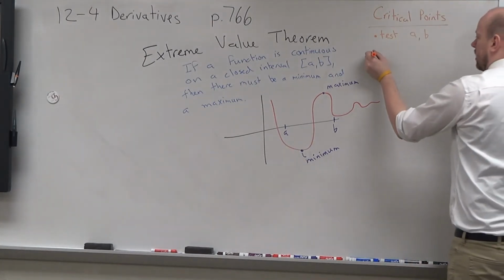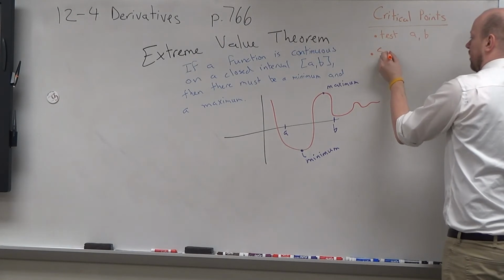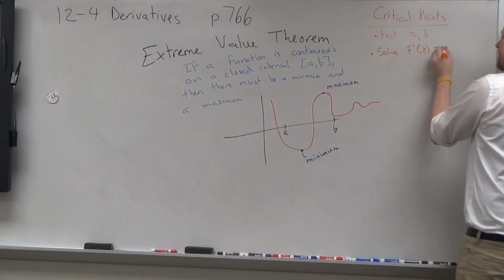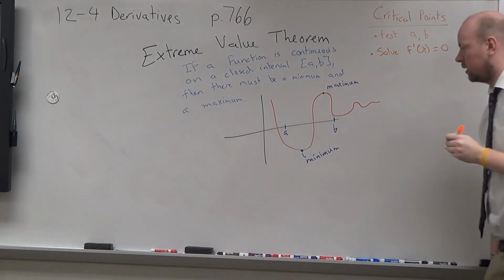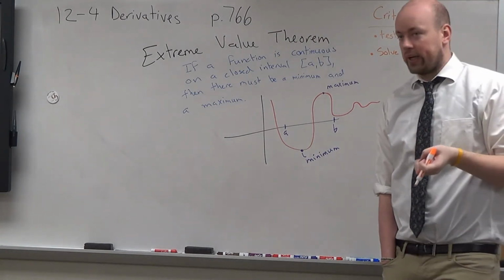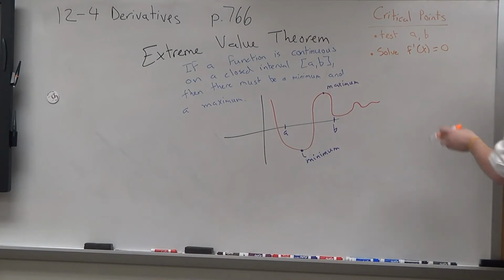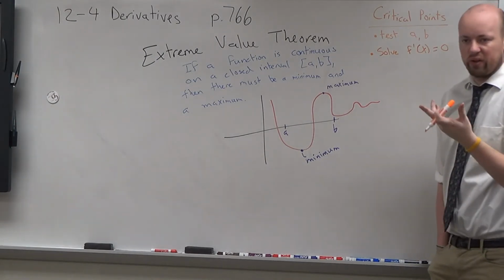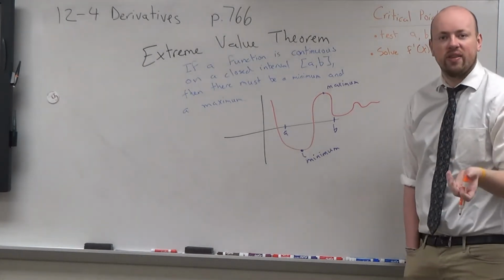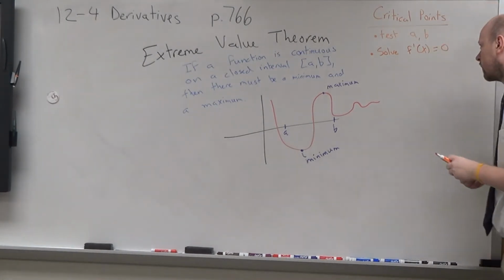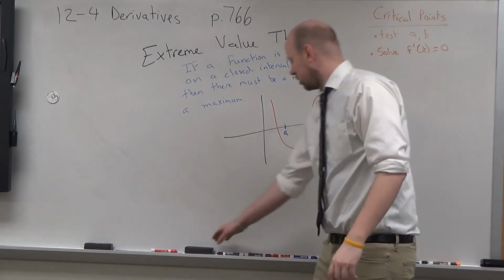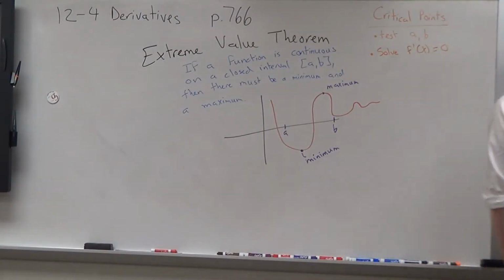The other one is we have to solve f derivative of x for 0. That'll give us our other critical points. So first we have to take the derivative of our function, set it equal to 0, and factor and play that game to find these critical points. Okay, I'll give you a second there.